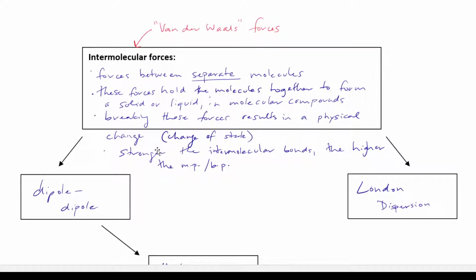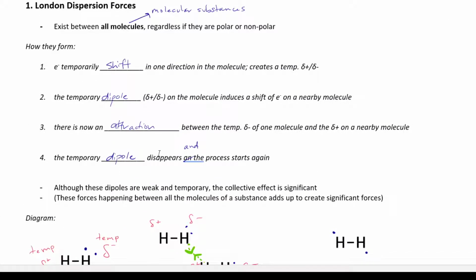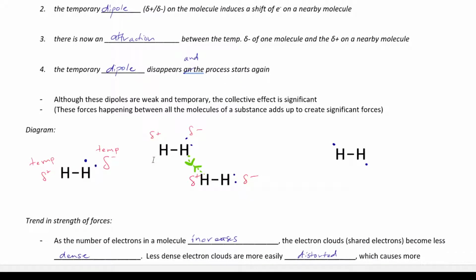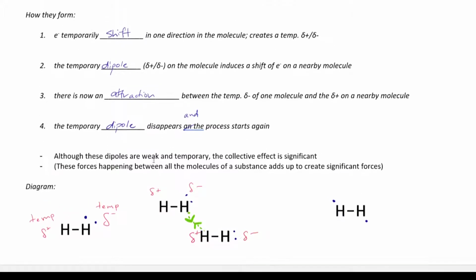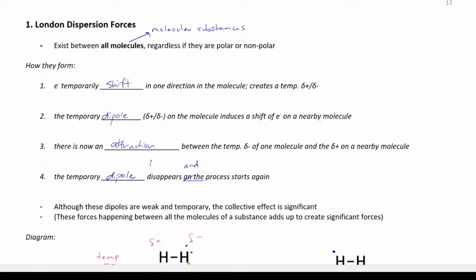Then we looked at intermolecular forces, which are forces between molecules of a compound, the forces that keep the molecules together in the solid or liquid state. We looked at London dispersion forces, which are the production of temporary delta positives and delta negatives caused by a random shift in the electrons. Those London dispersion forces are always present, regardless of whether the molecule is polar or nonpolar.